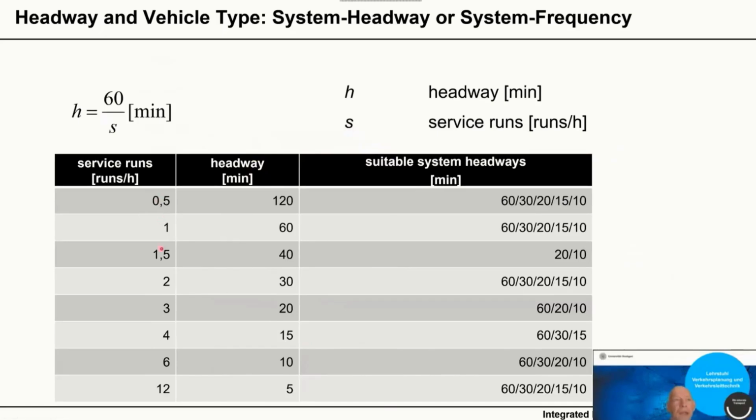If you have this frequency or this headway, this is suitable with these system headways. And you decide for one system headway, and well, then you apply this system headway. Yeah? If you go for a 15-minute system headway or a 10-minute system headway, that rules out certain combinations, because a 20-minute headway will never go together with a system headway of 15 minutes.